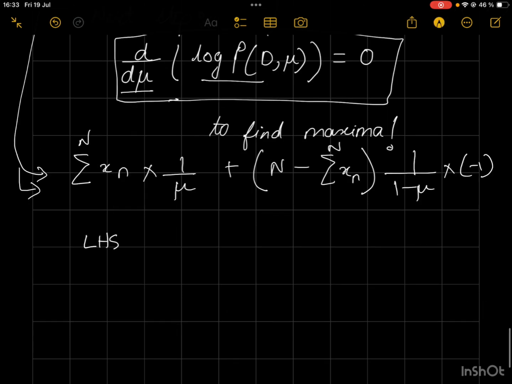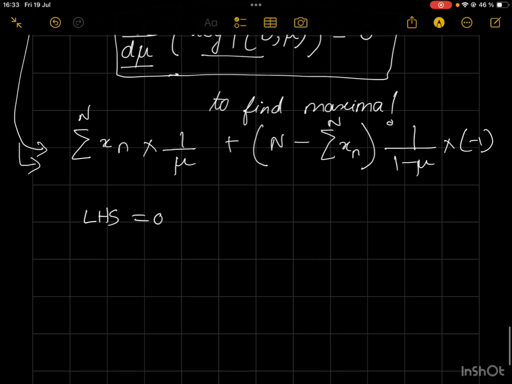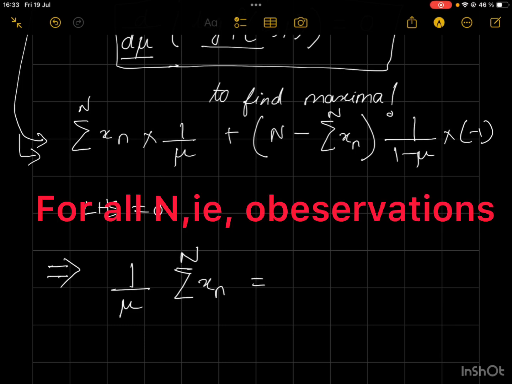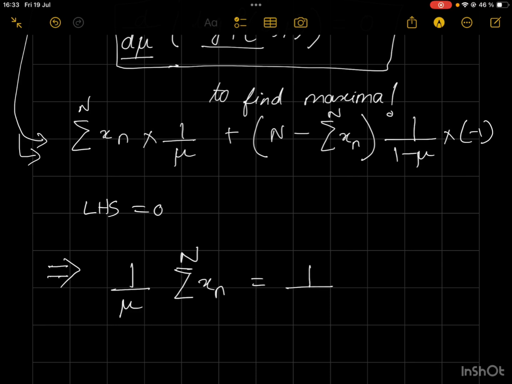Now we'll assign LHS equal to 0. Therefore, the above equation becomes, rearranging the terms, 1 upon mu summation of x of n for all n is equal to 1 upon 1 minus mu into n minus summation of x of n.